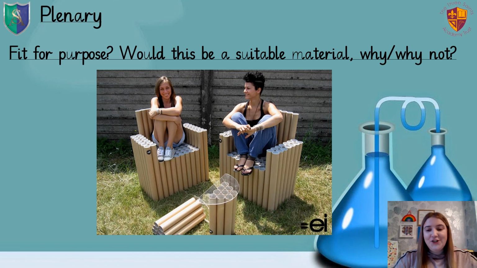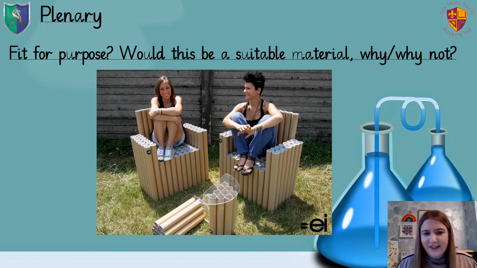Okay, just before we end our science lesson for today, I want you to think about this. Take a look at the two ladies in the picture. They are both sitting on chairs, but the chairs have been made out of cardboard tubes. Just like I asked you to do a minute ago when you were thinking about a window and what's not a good material for a window.